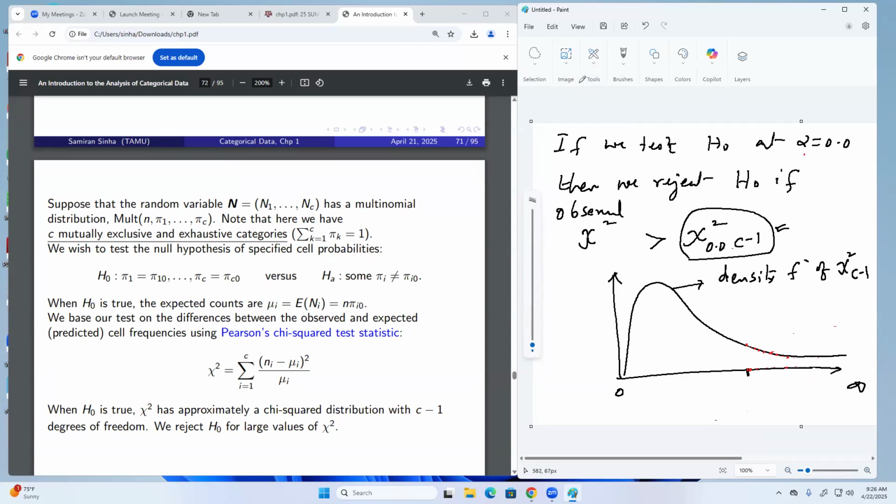So if we test at alpha equal to 0.01 level, then we reject H0 if the observed chi-square is greater than chi-square 0.01 with degrees of freedom C minus 1. And in this case, chi-square 0.01 with C minus 1 is this ordinate value such that the area under the density curve on the right side of this ordinate value is 0.01. The idea.